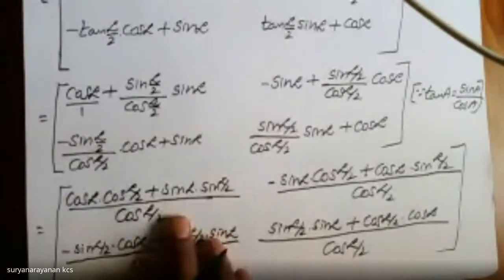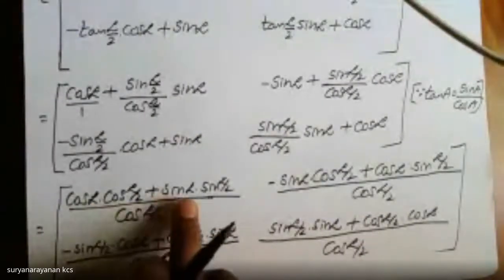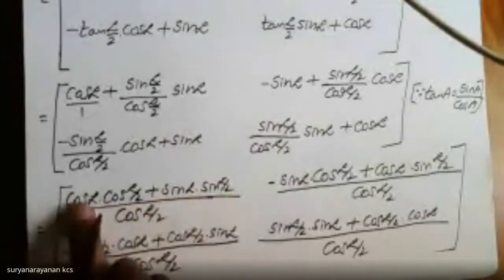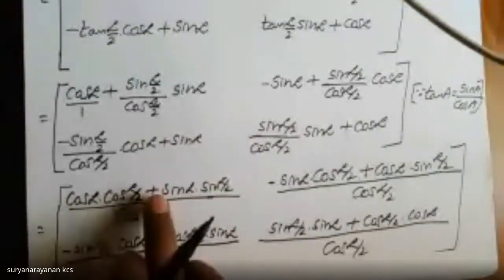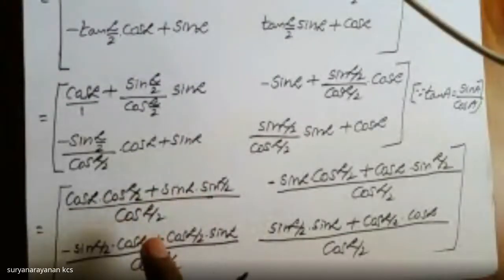Now we have to concentrate on the numerator. Cos alpha cos alpha by 2 plus sin alpha sin alpha by 2. This is in the form of cos A cos B plus sin A sin B. Do you remember that formula, my dear children? Do you remember that trigonometric identity?